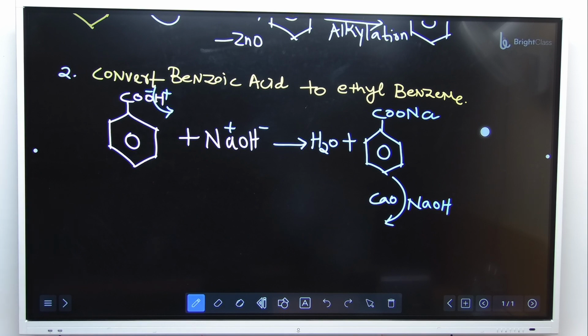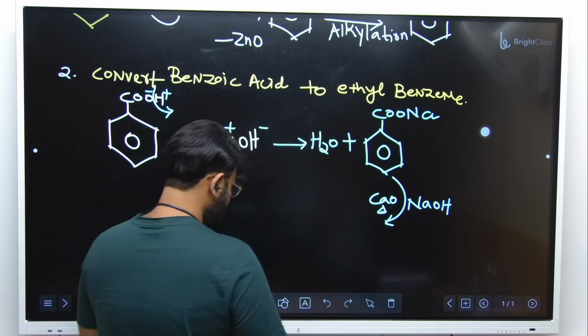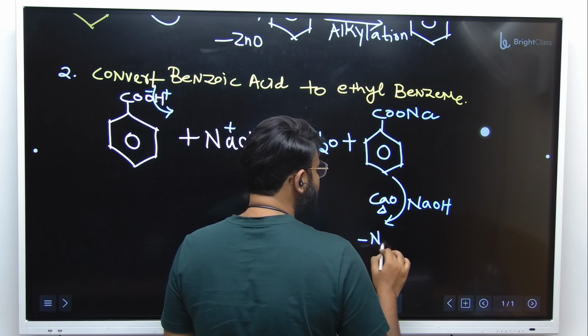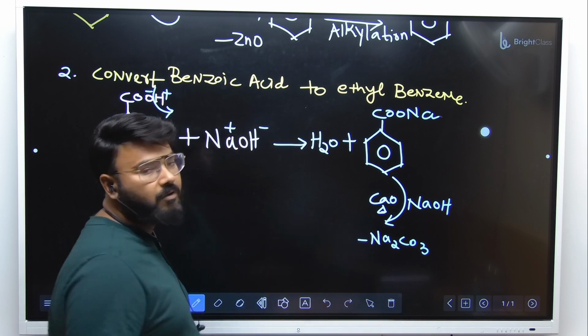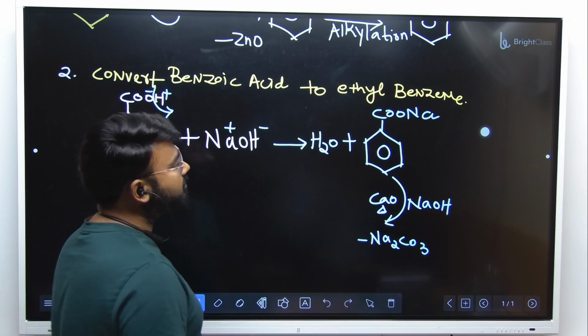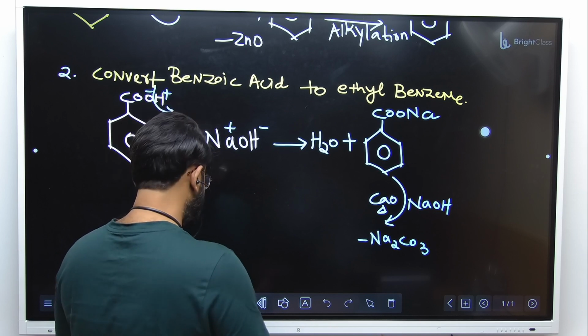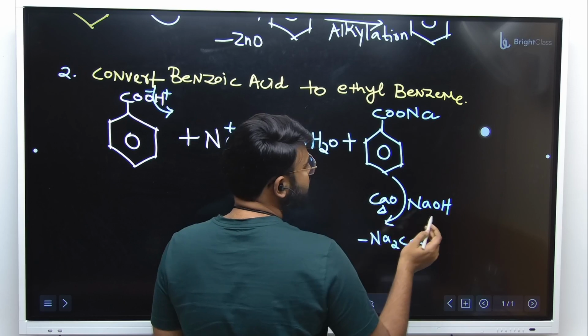Kindly confirm. Heating I also missed. You need to take heating into consideration. So it will remove Na2CO3. CO2 is removed in the form of carbonate, right? Na2CO3 will be removed, my dear students. Okay, and what will be left? Let me demonstrate how Na2CO3 is removed.